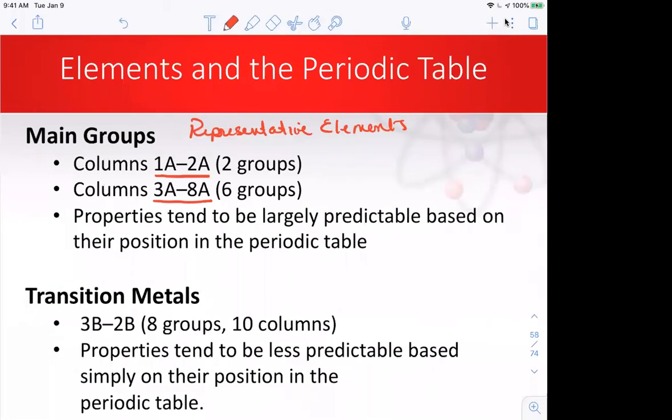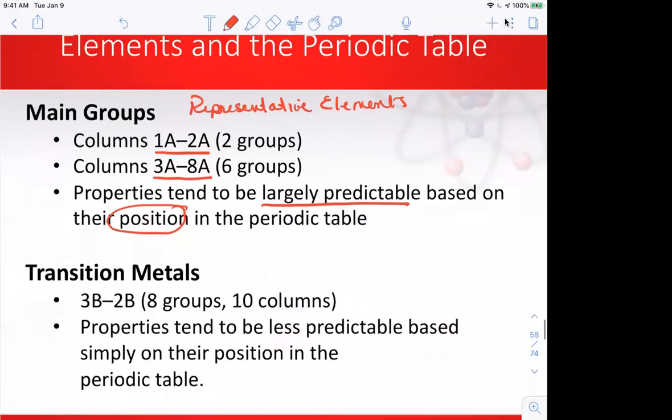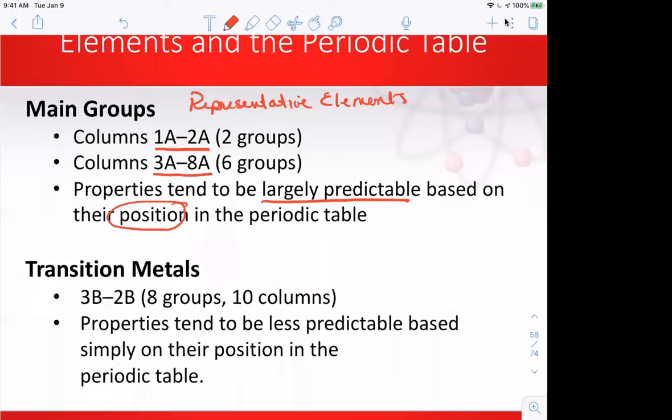These main group elements tend to have properties that are largely predictable based on position in the periodic table. Then I have transition metals. These are the B groups, 3B to 2B. There are 8 groups or 10 columns. Those are the middle of the periodic table.